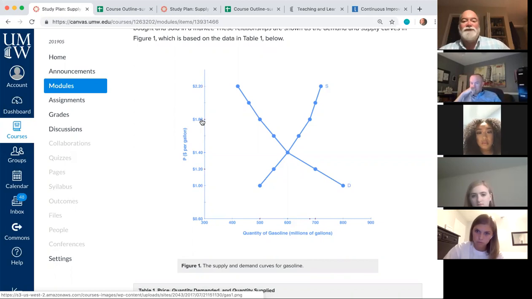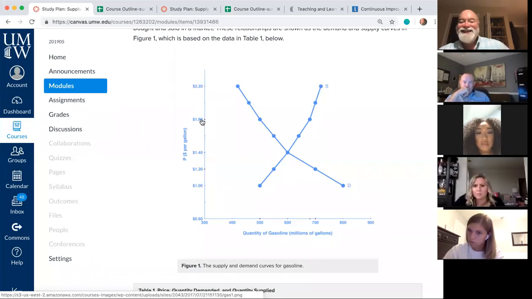Here's a real question for you. Somebody can answer. Would it be supply? Because there's more. Yeah, if you go to the demand curve, you can see the demand is about 500. If you go to the supply curve, the supply is almost 700, right? And so since you read the quantity from left to right, you can see the quantity supplied is bigger than the quantity demanded, okay?